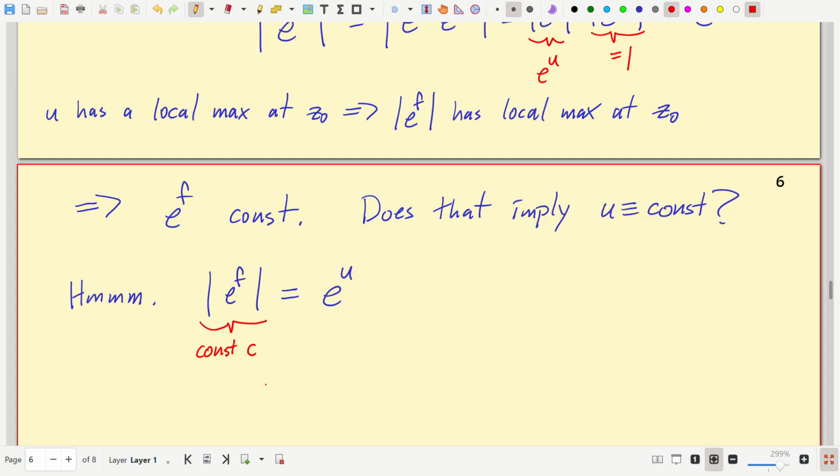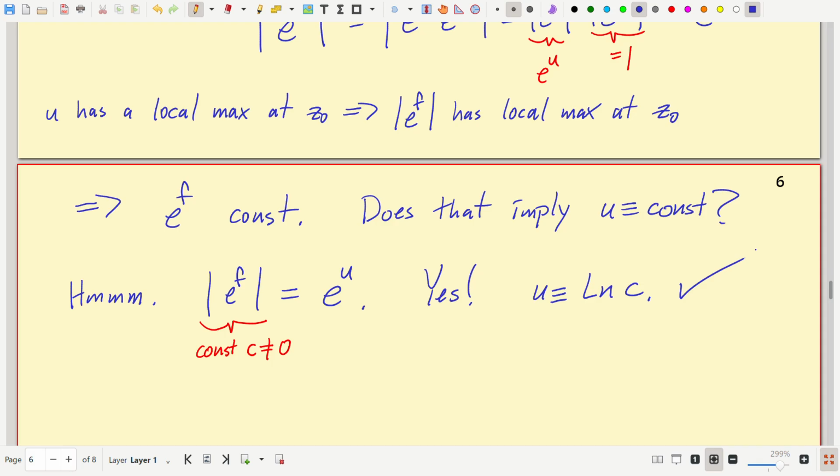E to the f is never 0, so that constant c would be unequal to 0. And then we see the answer here is yes: u would be identically equal to the natural log of c. So check. You can prove a maximum principle for harmonic functions when you know the analytic version.